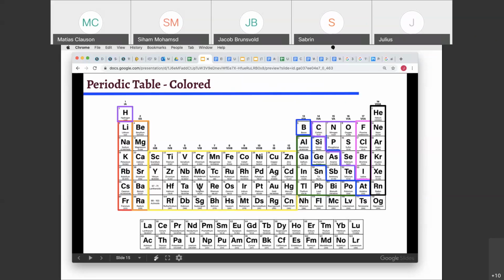The yellow group is the transition metals. The green group is the post-transition metals. The blue group is the metalloids. This purple group right here and hydrogen over here are your nonmetals. The pink group is the halogens. And the black group is the noble gases. So take a screenshot if you don't have this already.